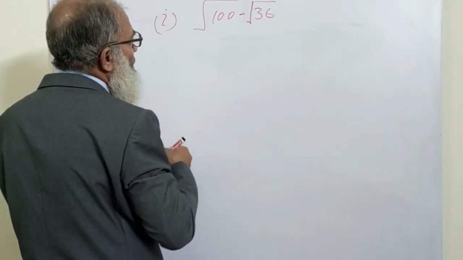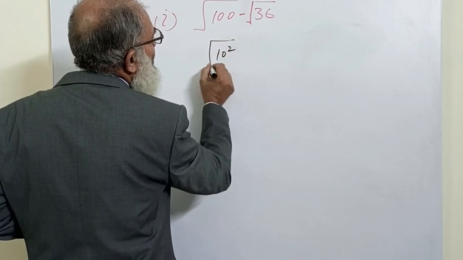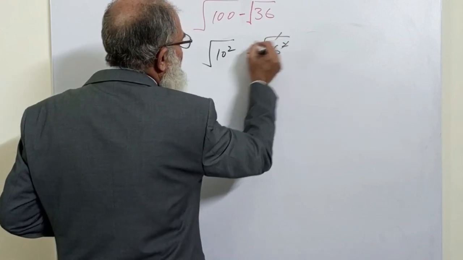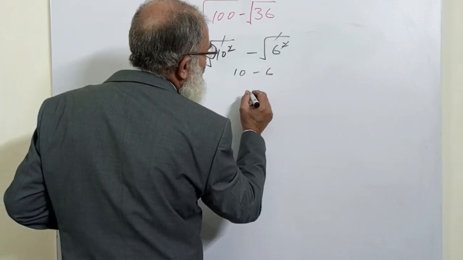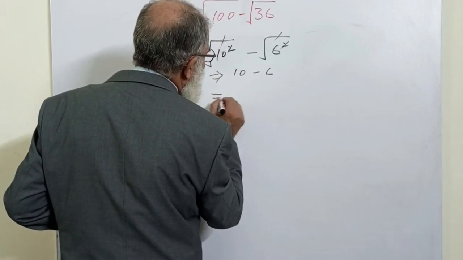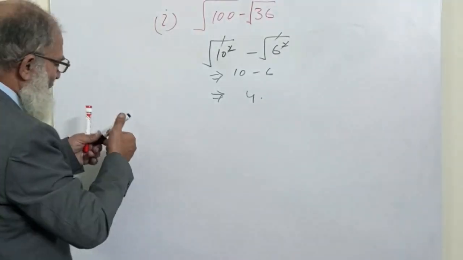Now see what happens here. Now it is the root of 10 square minus 6 square. The root goes with the square, and 10 minus 6 is equal to 4. This was part J.